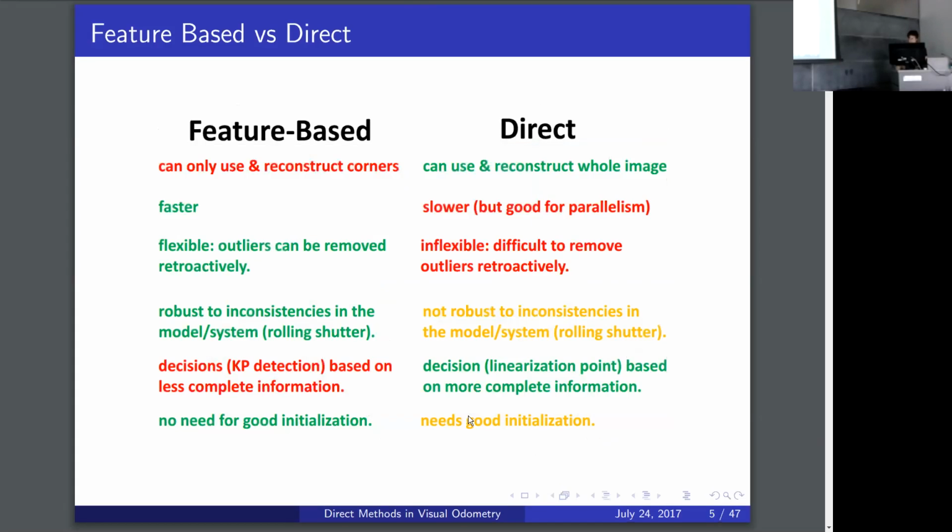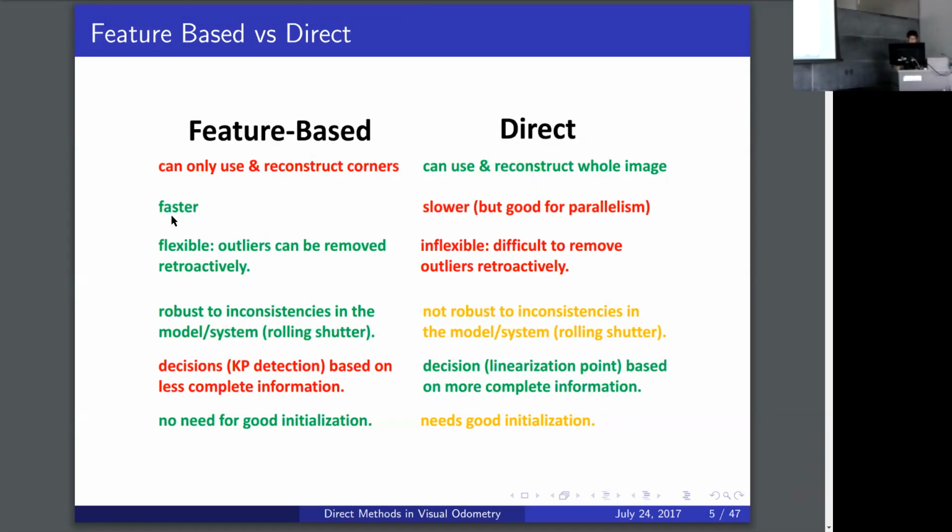Generally speaking, for the pros and cons of feature-based and direct methods: feature-based only uses certain components, whereas direct tries to utilize the whole image. The second point is a bit subtle.